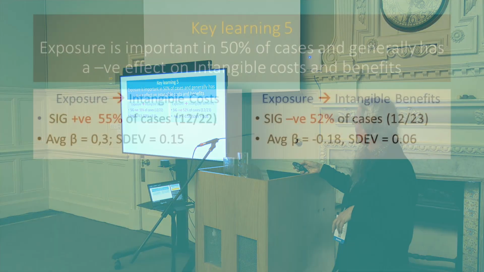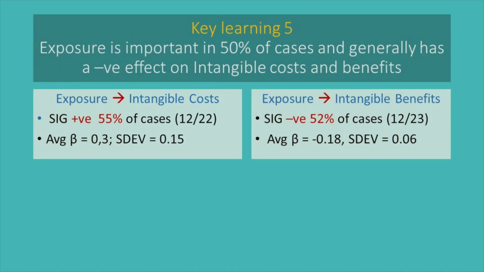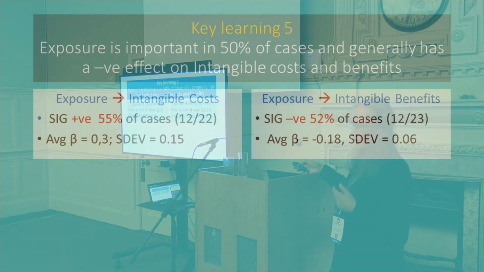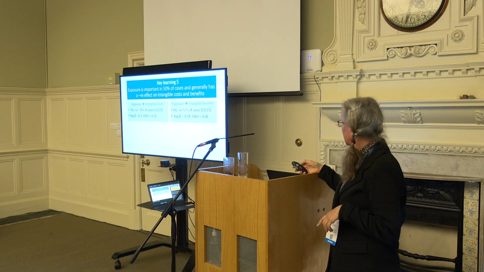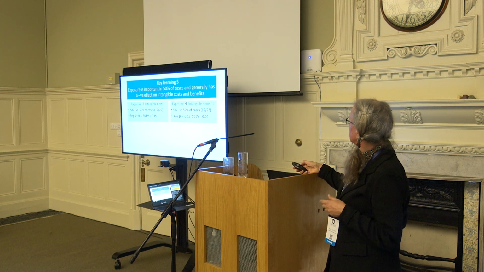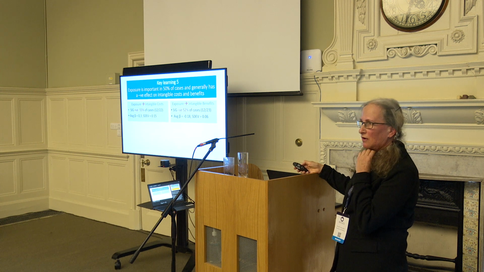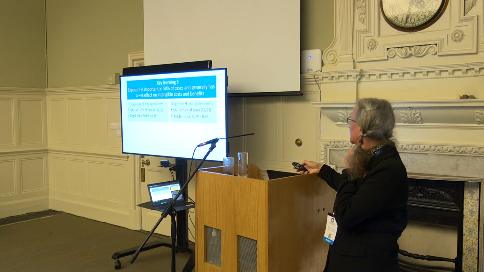And lastly, since we found that intangible costs and intangible benefits are important, we want to understand how exposure affects intangible costs and benefits. And we find that it mostly has a negative effect in around 50% of the cases.